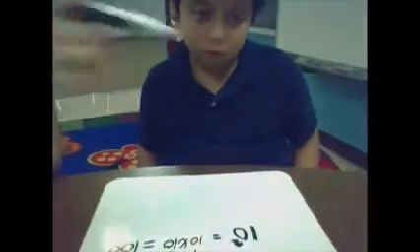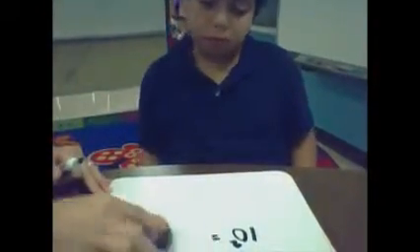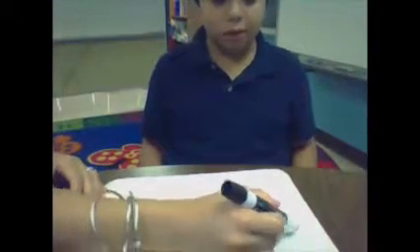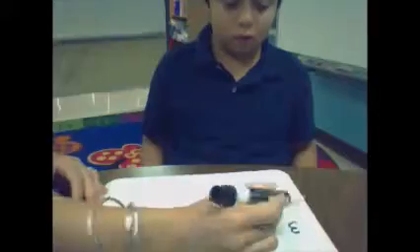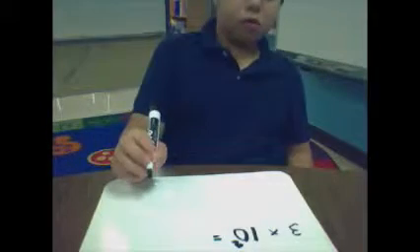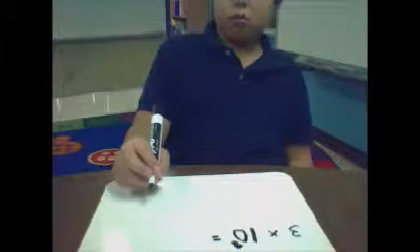So what if we put a number in front of that? Because we know this equals 100. What if I said 3 times 10 to the second power? What does that equal? 30. Try it again.